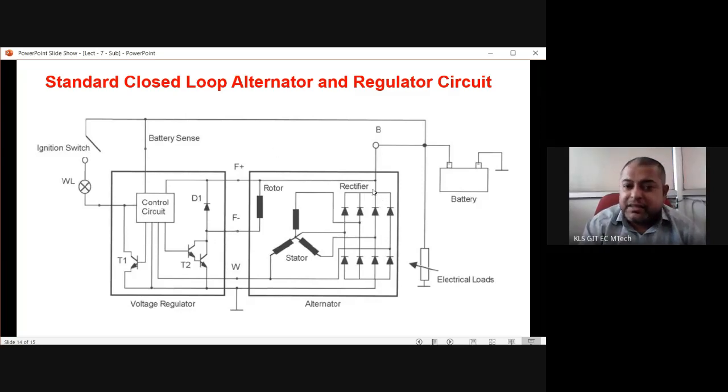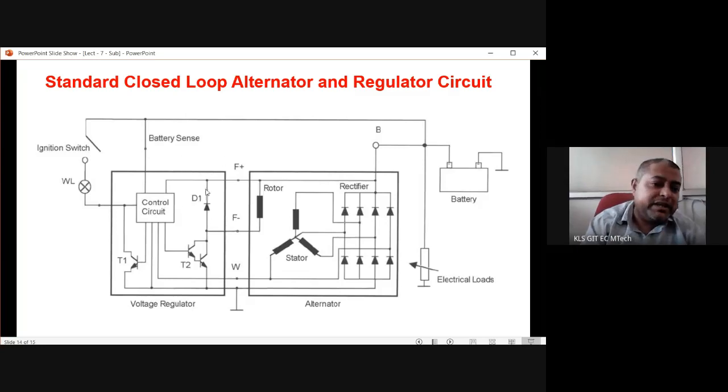But in this case, the full wave bridge rectifier output is the DC, and that is going to the regulator circuit, and this is the rotor field connection. If this voltage is high, rotor supply is disconnected by this regulator. If this voltage is low, this regulator connects the rotor supply, and the rotor again gives the alternator a start, and the alternator produces more voltage. So voltage high, rotor current cut; voltage low, rotor current connected.